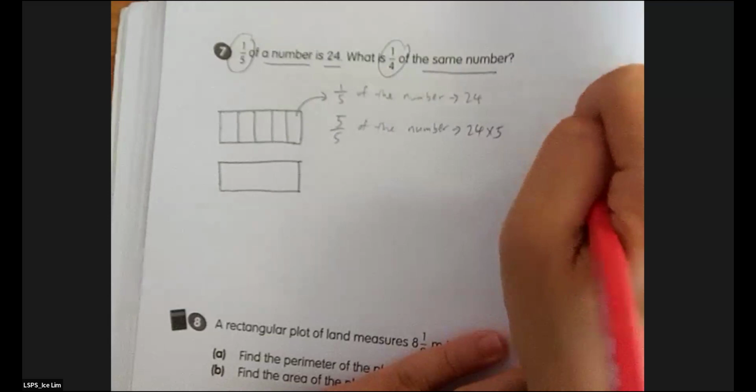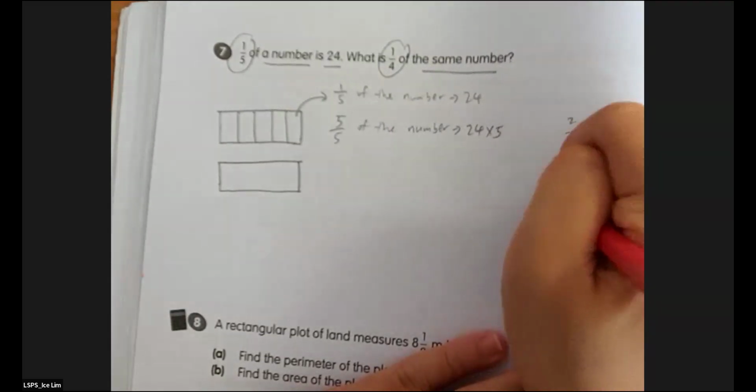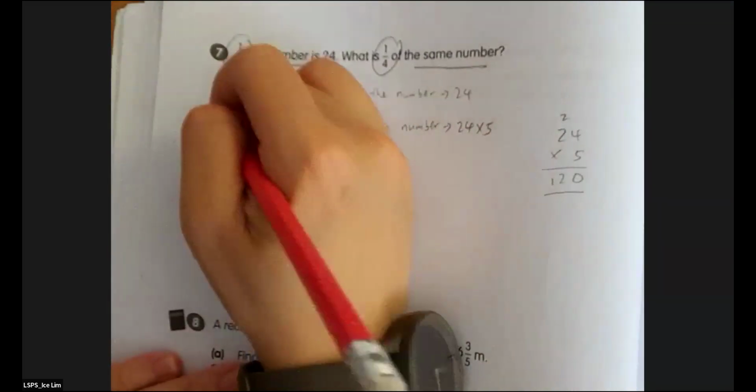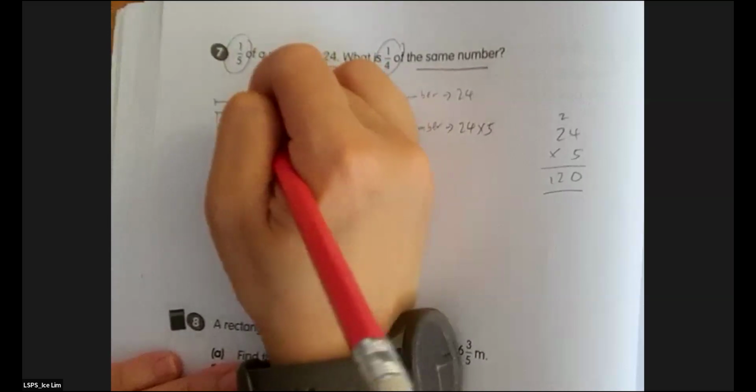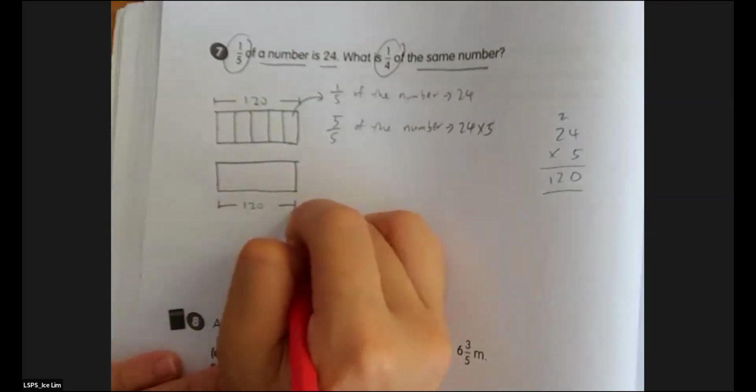So 24 times 5 will give me 120. So this whole number is 120, which means for the same case here, the whole number is 120.